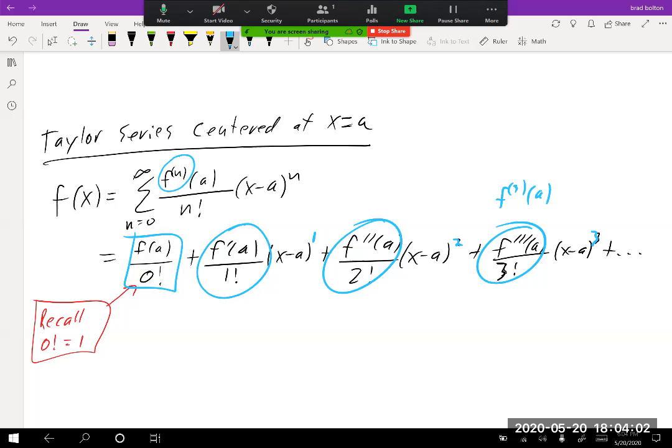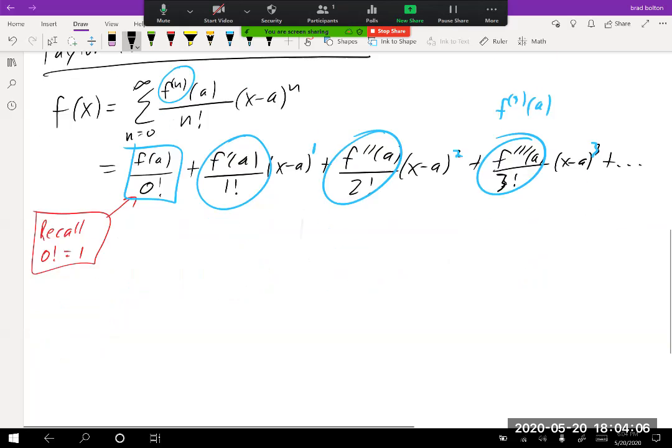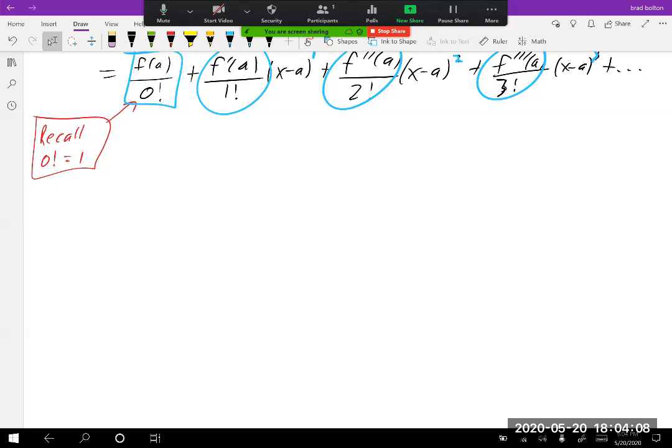So we're going to look at something very special to Taylor series called the Maclaurin series. So again, a Maclaurin series is really just a Taylor series, except instead of being centered at any value, it lets a equal 0.